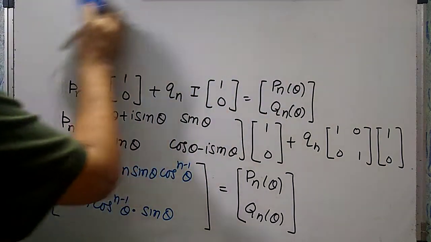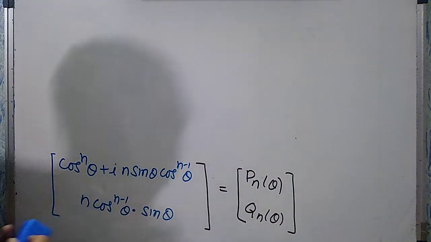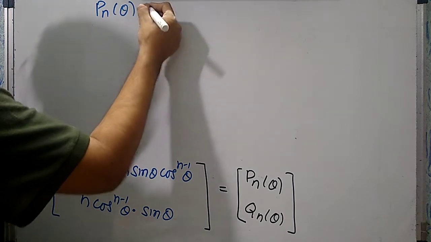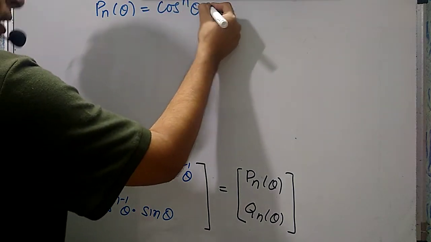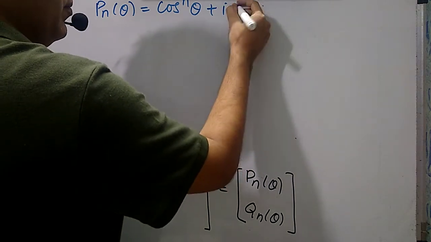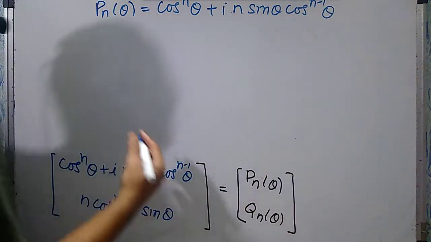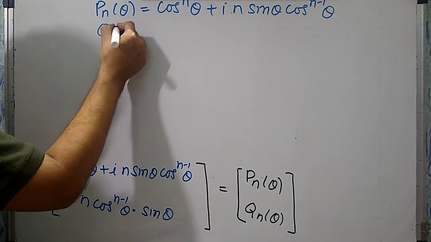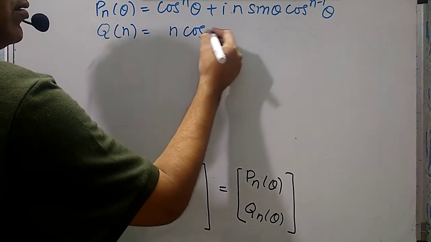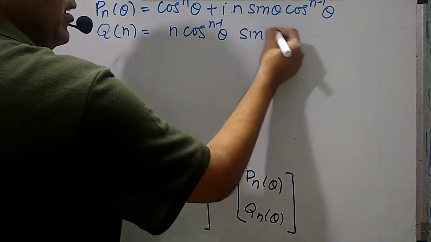Both the matrices have the same order, so here we get capital Pn theta equal to cos to the power n theta plus I n sin theta cos to the power n minus 1 theta, and Qn theta equal to n cos to the power n minus 1 theta into sin theta.